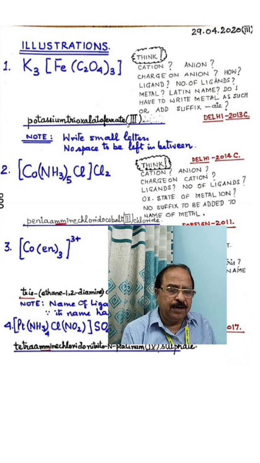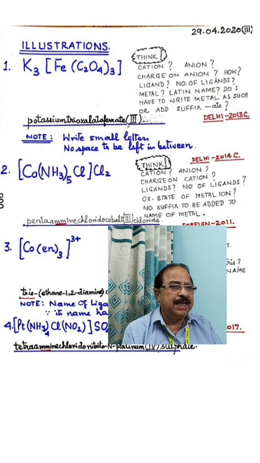You see, I have not used a capital P. I have written potassium. And then we have to name the coordination entity. While naming the coordination entity, I have to name the ligands first in alphabetical order, but here there is no need for alphabetical order because there are 3 oxalate ligands.